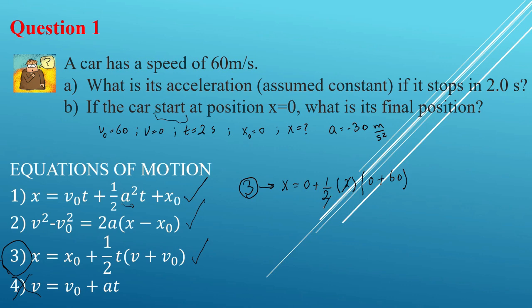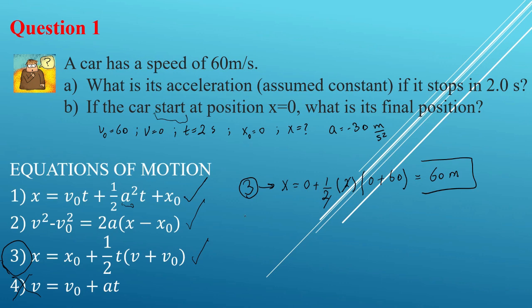So these 2 and 2 cancel out, and my answer is going to be 60 meters, correct? So you can tell I solved it in less than 1 minute, right? And also I said I can use equation 2, right?